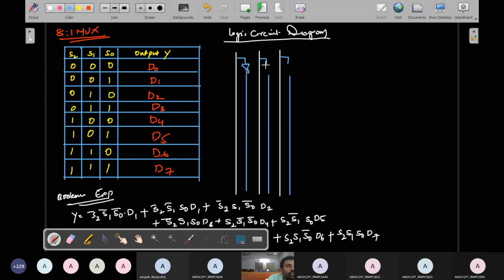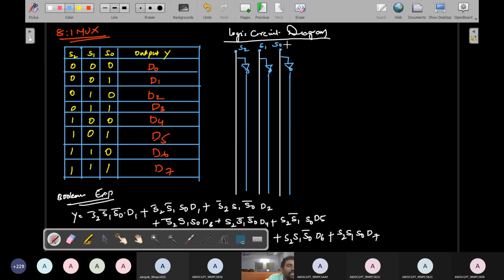Consider these are the terminals of S0, S1, S2.